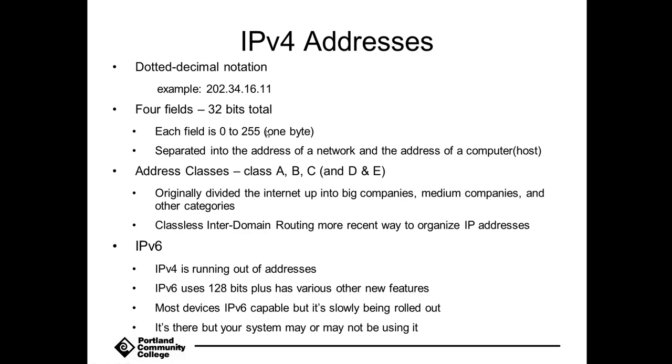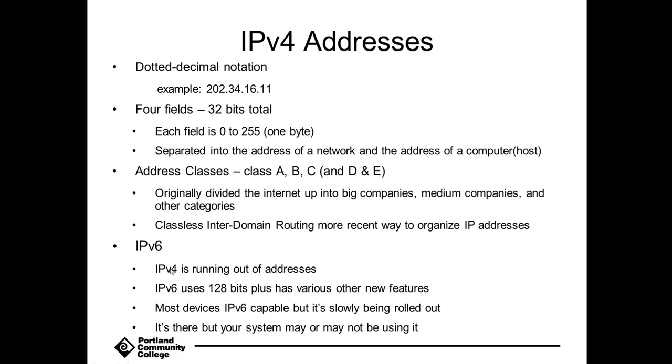Now, this doesn't allow for very many numbers. It's only 32 bits total, 2 to the 32, which means that if every computer in the world, every smartphone, every embedded device that's wireless has an address, you're limited to about 4 billion different devices. And believe it or not, that's not enough. Oops. So IPv4 is running out of addresses.